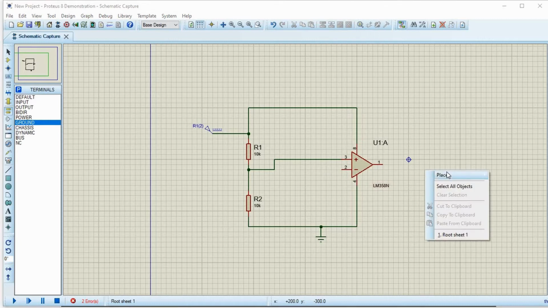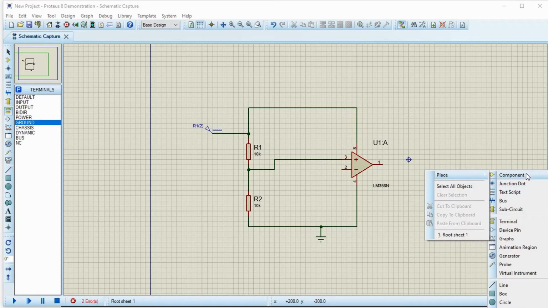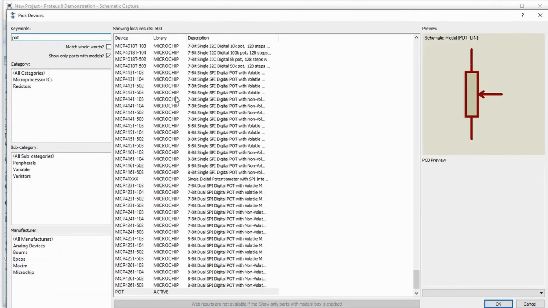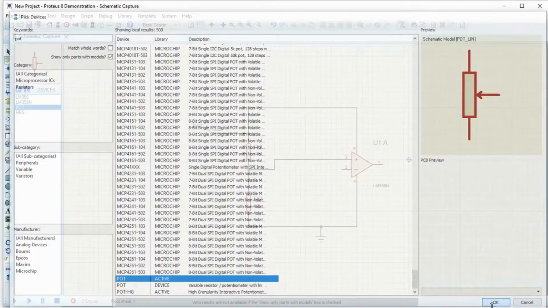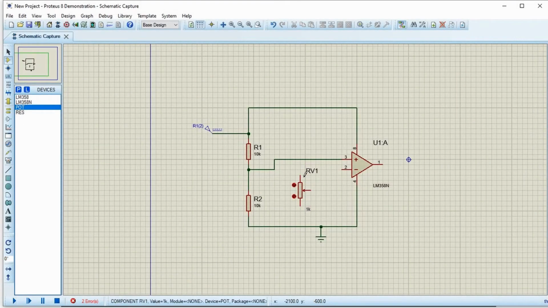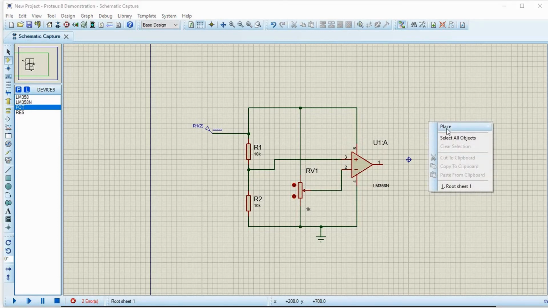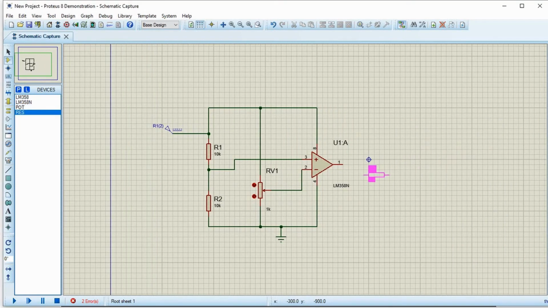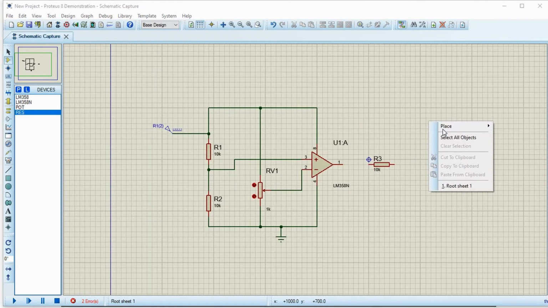Now I want the negative terminal to have a varying voltage. So what I'll use is a pot. Again, we had talked about this in one of our earlier chapters. So let me take a pot and put it here. In the output, let me put an LED. Again, you know how to design an LED driver circuit.